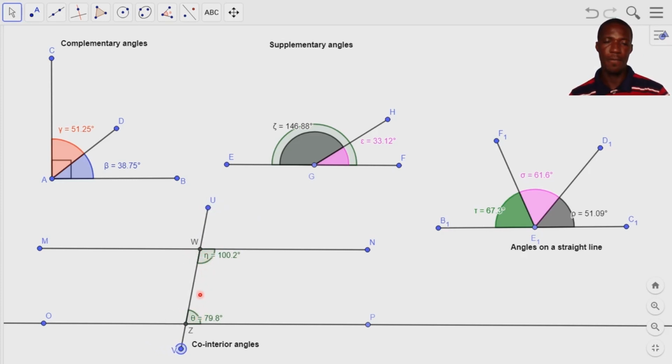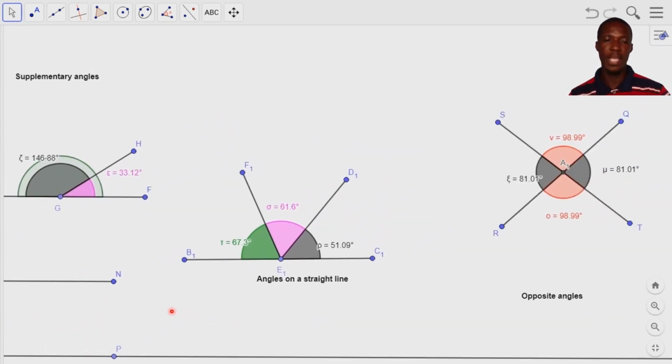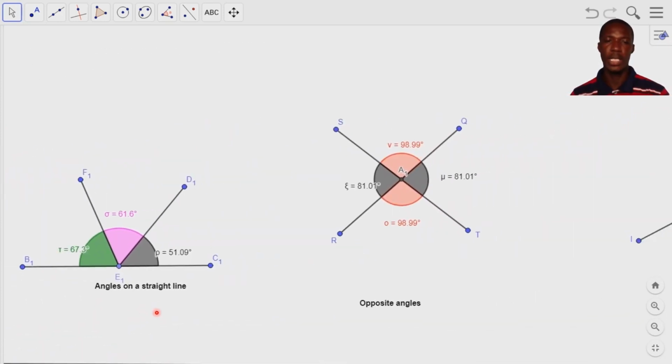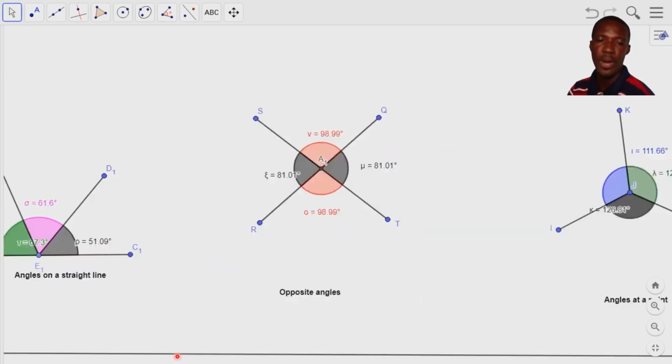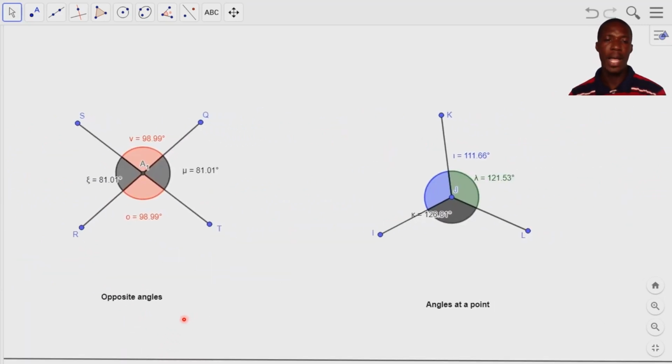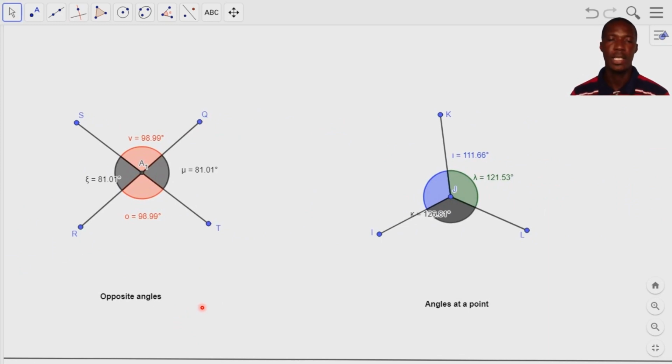Two angles are formed with the transversal line and each of the parallel lines. These two angles, when we add them, will be 180 degrees. We call them co-interior angles. So any two angles within parallel lines that sum up to 180 degrees are co-interior angles. Remember, co-interior angles are strictly related to parallel lines.